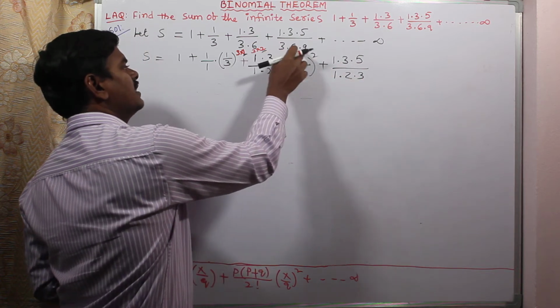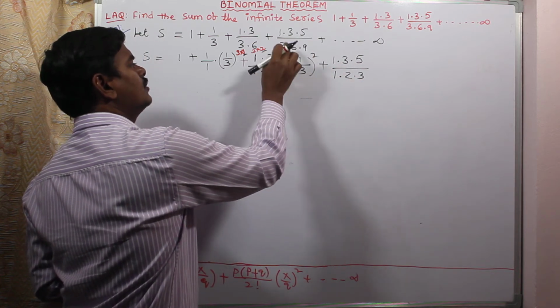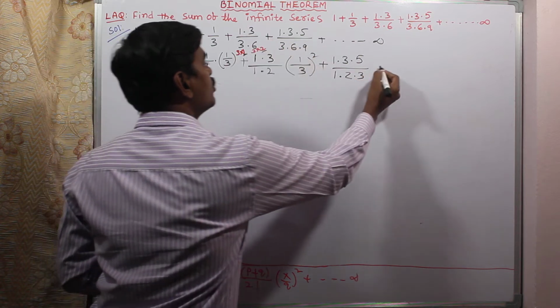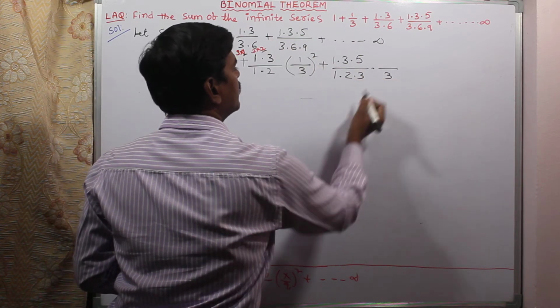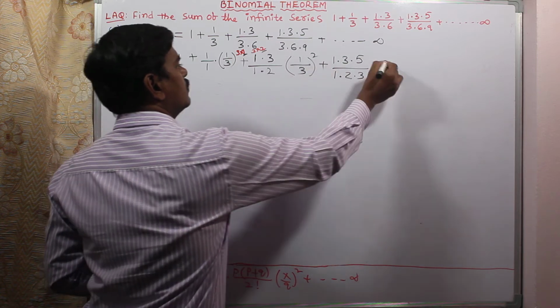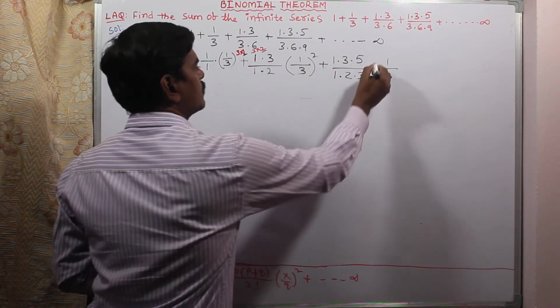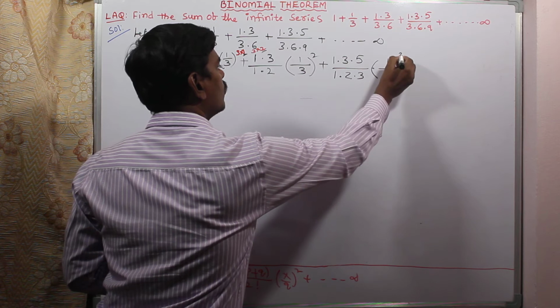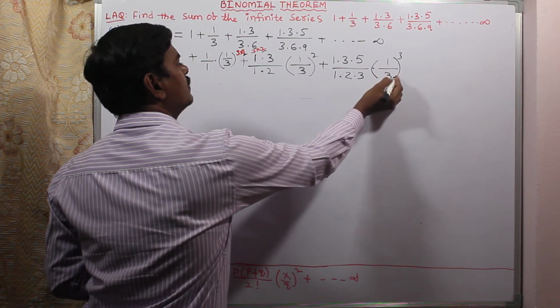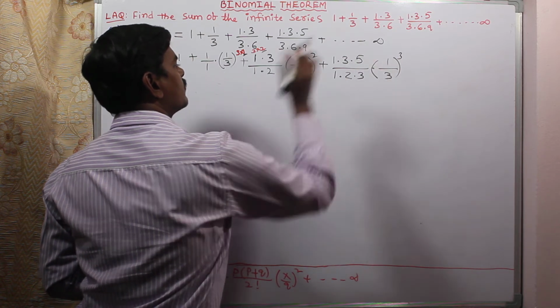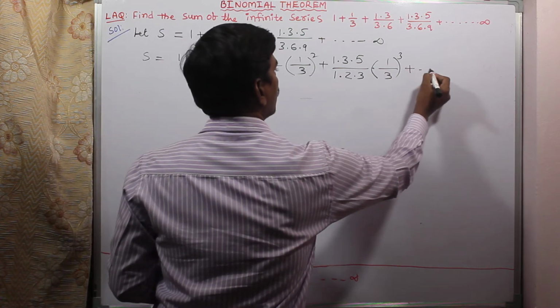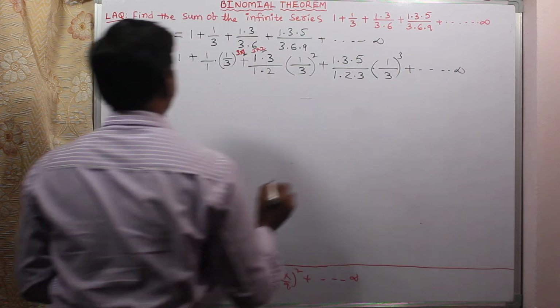So from each and every term 3 is separated. 3 into 3 into 3 is 3 cube. So in the numerator we can assume 1. So I can write 1 by 3 whole cube. Plus so on up to infinity.